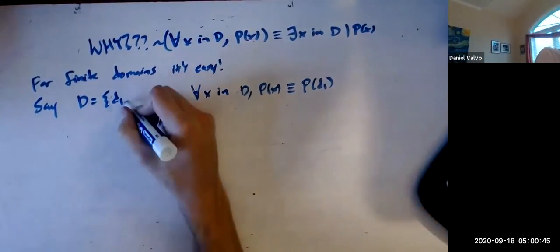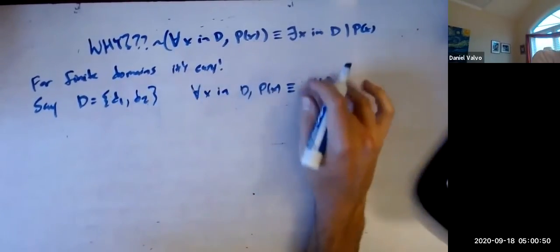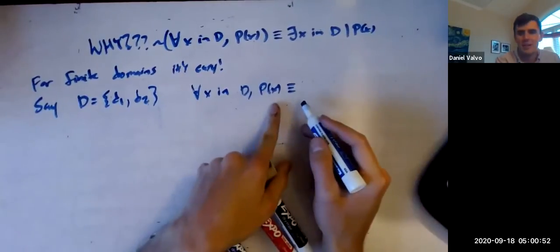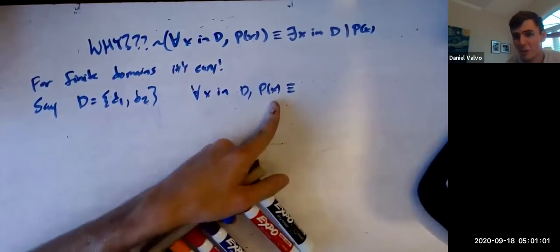So what if you have two things in your domain? What's this saying now? Well, what's one thing that has to be true?